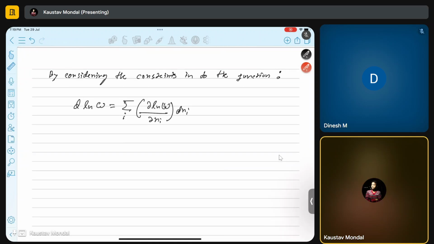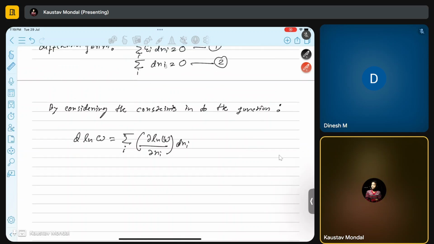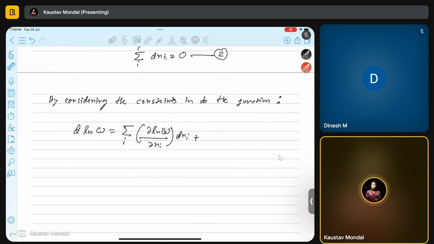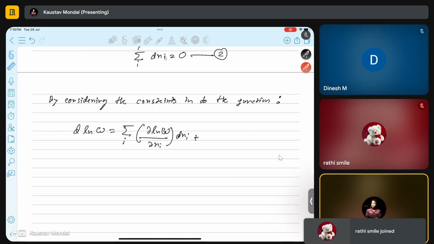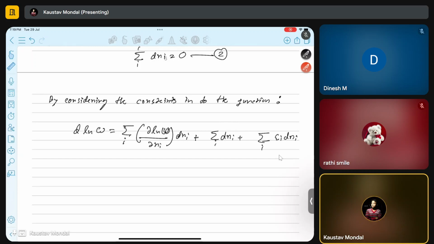Now inside it, we have to implement the constraints, right? So the first constraint is plus the summation over i of dni. The second constraint is the summation over i of ei dni. Okay. Now, these are the two constraints.